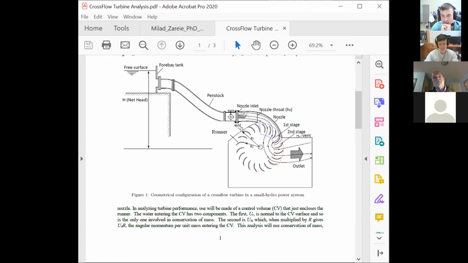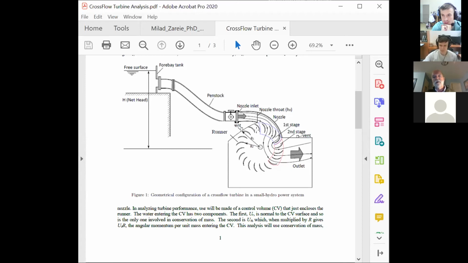And the purpose of that nozzle is to direct the water onto the blades of the turbine runner. So runner is the hydro turbine name for the collection of blades. So here you can see the axis of rotation of the runner, and that runner rotates clockwise. The water comes down through the nozzle, goes through the blades in what's called the first stage, then comes out through the blades in what's called the second stage, and exits the turbine.